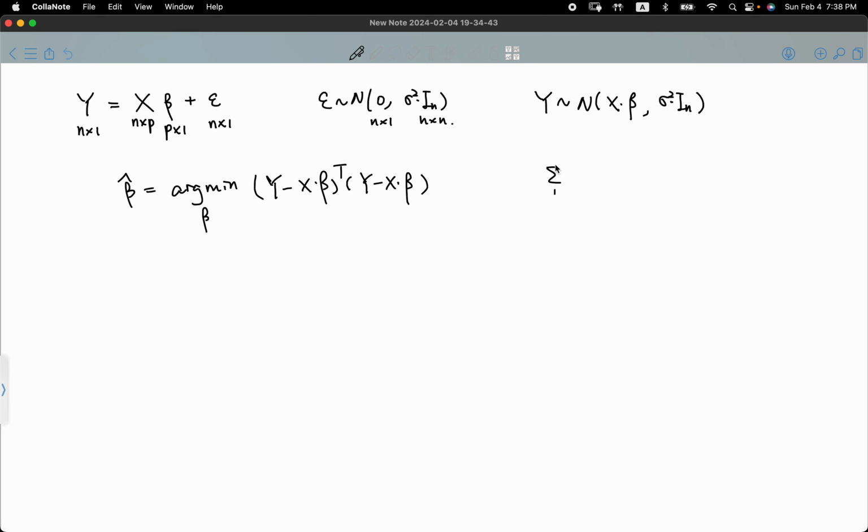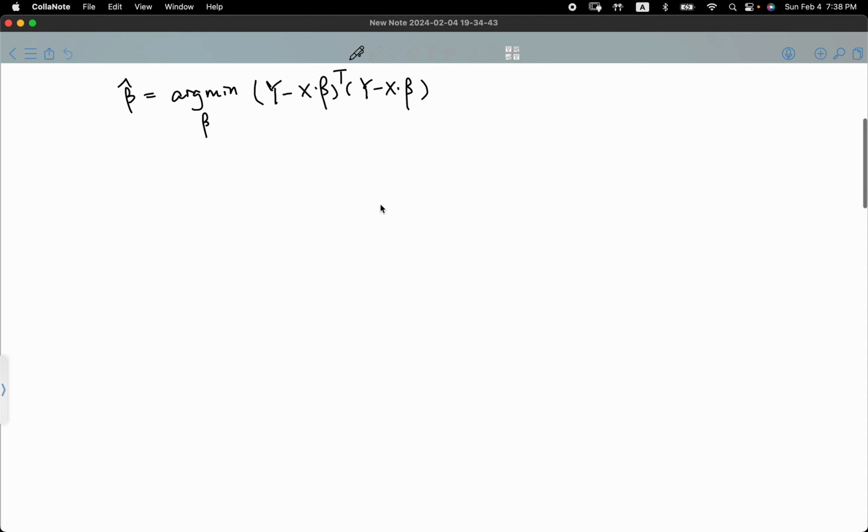This is the equivalent of the scalar version for each observation multiplied by the beta coefficient, taking the square. They are the same, except that I'm using matrix vector multiplication notation for this discussion.